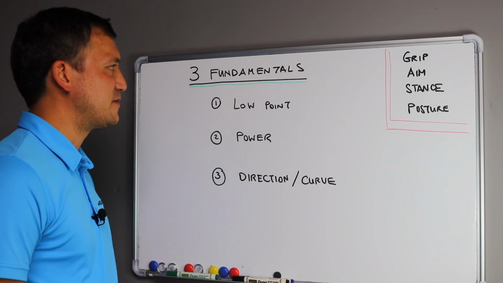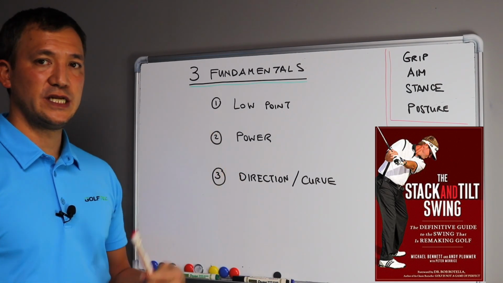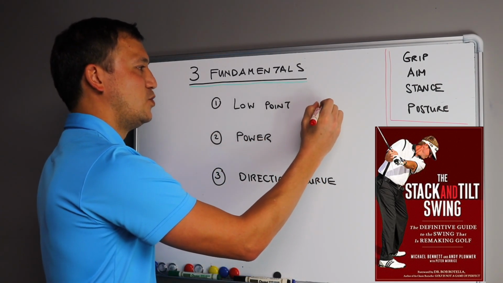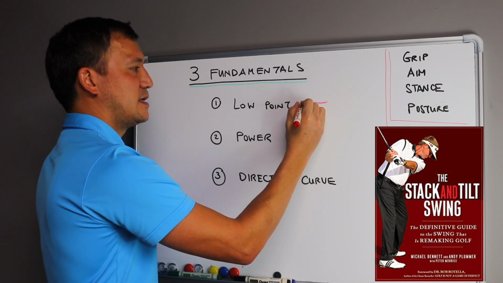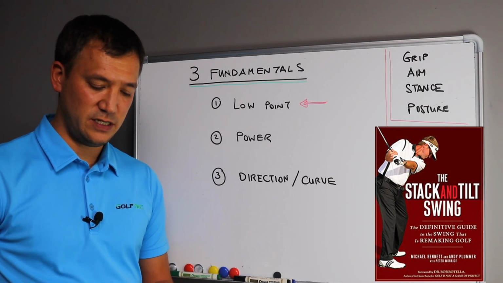So the three fundamentals of golf, according to the stack and tilt system, would be, firstly, the ability of a golfer to control the lowest point of his swing arc, which is also the consideration that we will be looking at today in more detail.